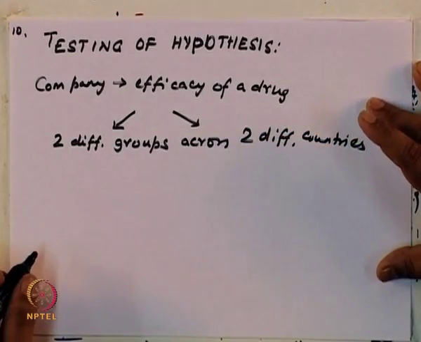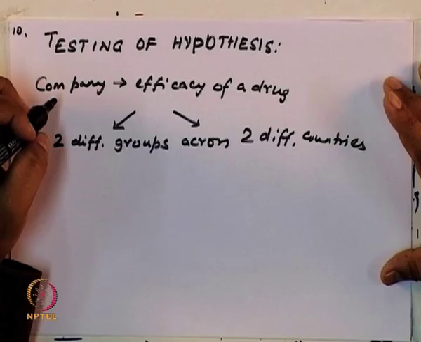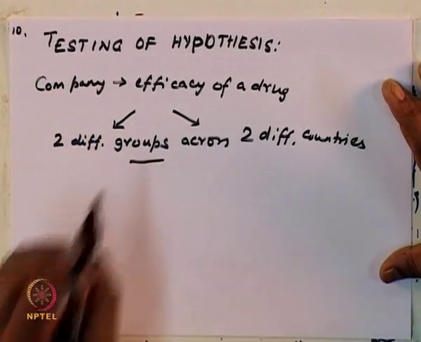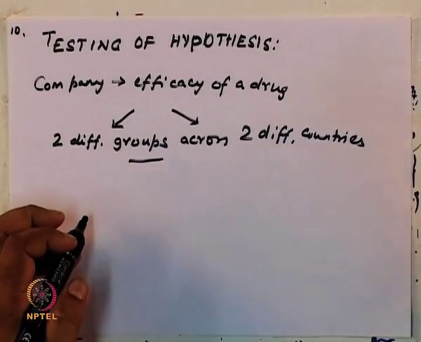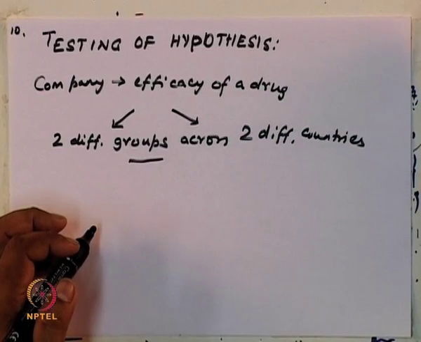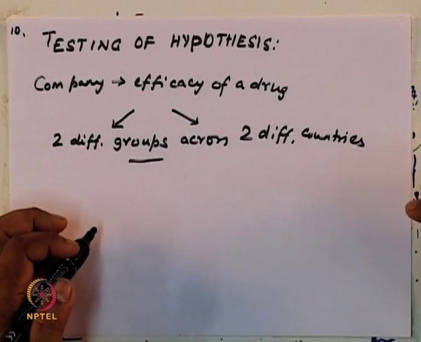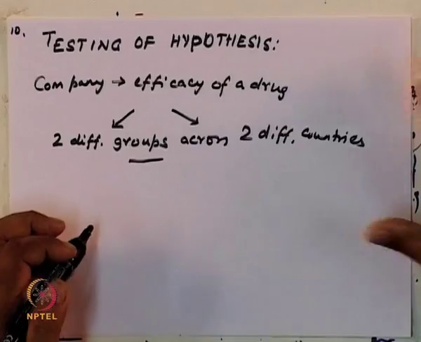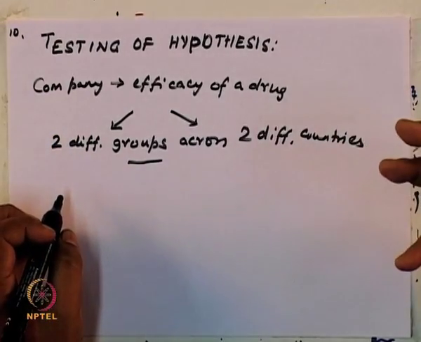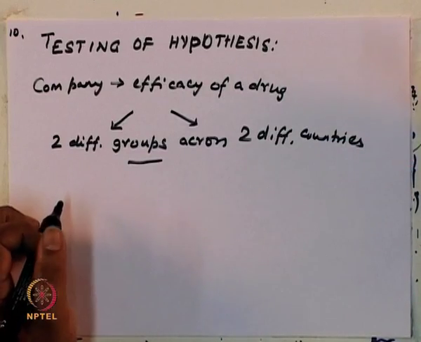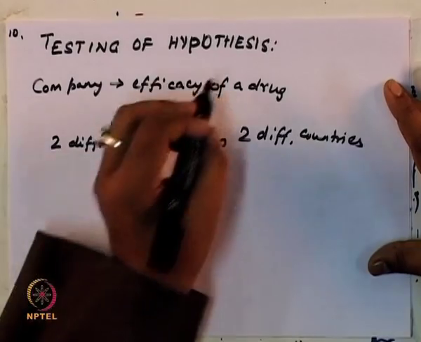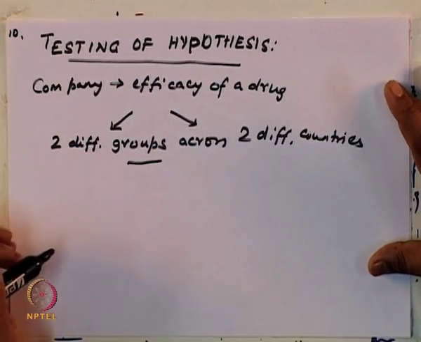Ideally, the efficacy of the drug should be identical irrespective of which group is doing it, which means the conditions set to compare the performance of the drug have to be the same. But what if they are different? That would be very difficult, because the very knowledge of whether the drug works or not is not clear. This is where testing of hypothesis is very important.